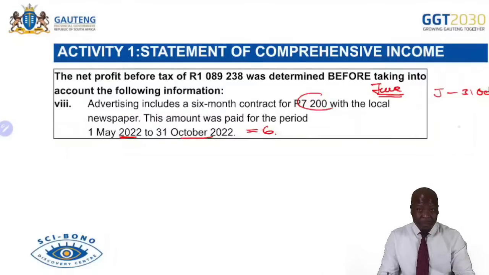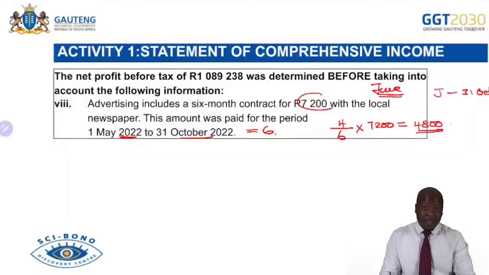Remember the finger story. July, August, September, October. So you have 4 months that are falling beyond. 4 of the 6. You multiply this by 7,200. That will give you the amount that was paid in advance.